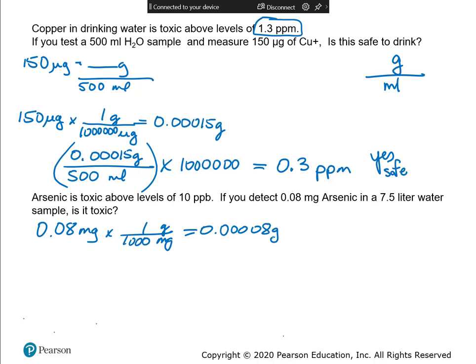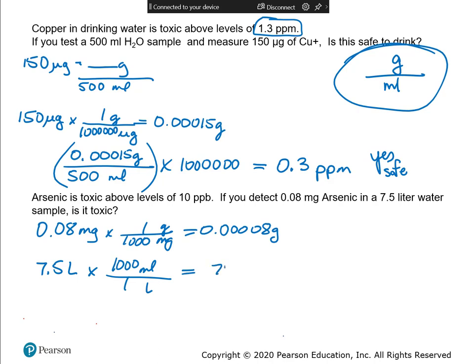7.5 liters. Can I use that? Nope, I've got to go to milliliters, right? This is sort of like always put your solute in grams, put your solution volume in milliliters. So I've got to put liters on the bottom, milliliters on top. Milli gets the 1,000. Liters and liters cancel, and that tells me how many milliliters.